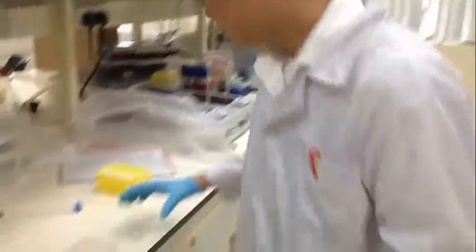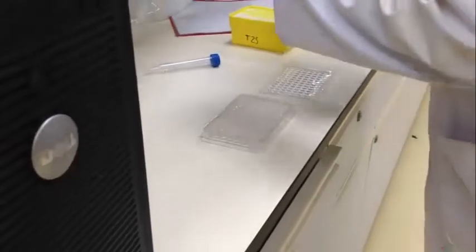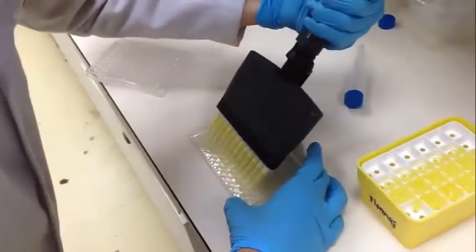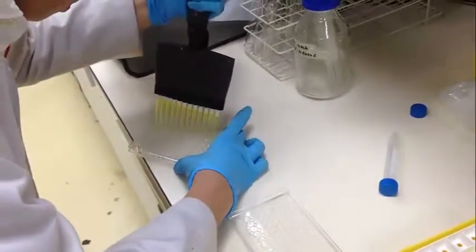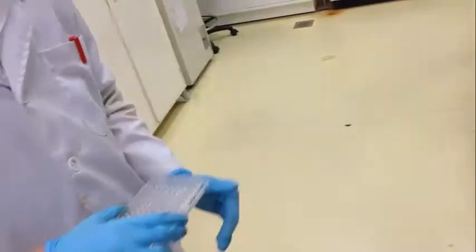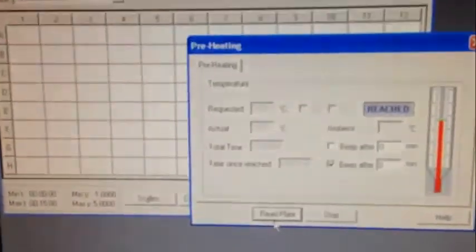The next step is to add 20 microliters of alpha amylase to our Dracoflavan B. After we add the alpha amylase to the inhibitors, we will incubate it at 37 degrees Celsius for 5 minutes. See you later in 5 minutes.